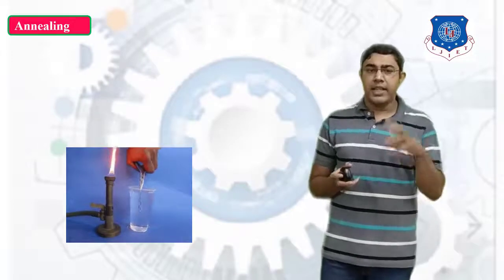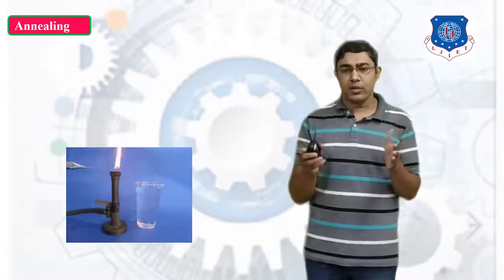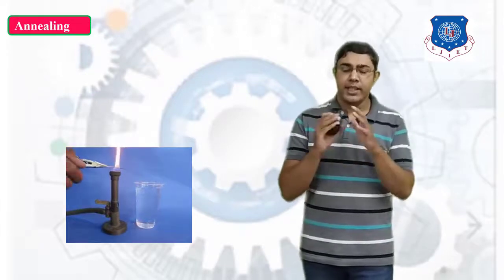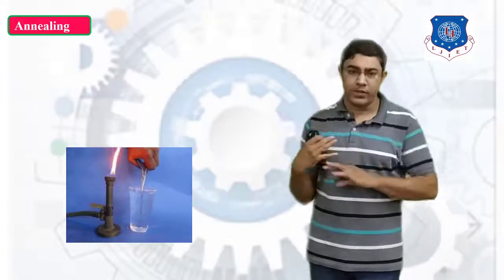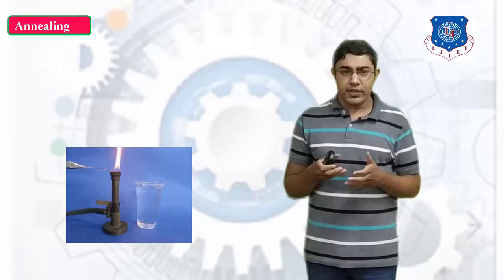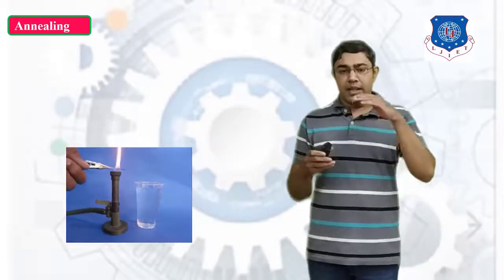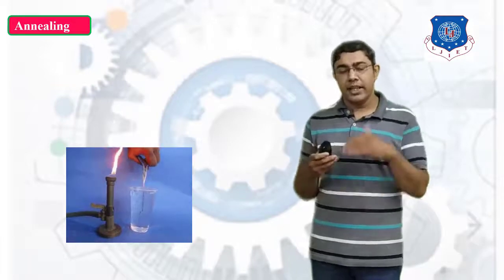So what is the annealing heat treatment process? Now we know what the heat treatment process is. The heat treatment process is nothing but the controllable heating and cooling process. Now in the annealing process, how the heating and cooling are done, that we have to learn.